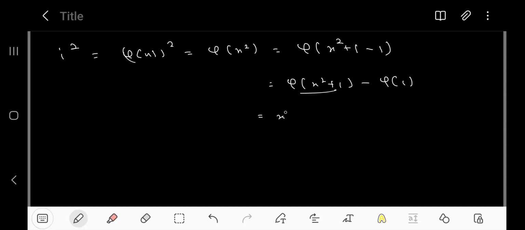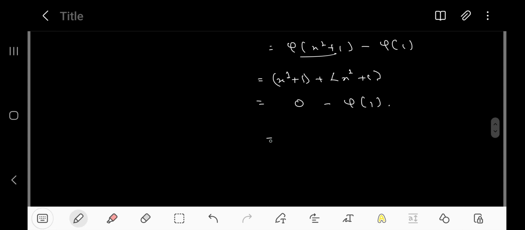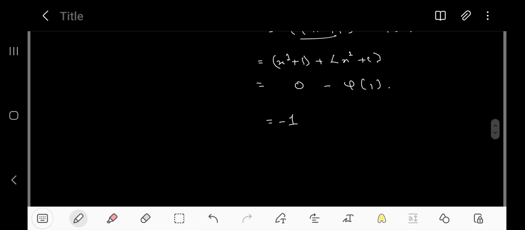This is basically x squared plus 1 plus the ideal generated by x squared plus 1, which is essentially 0, right? So 0 minus phi of 1. Now since phi is a field homomorphism, it preserves 1. Since it preserves 1, we have this to be 1. So minus 1, right? Therefore I squared is minus 1.